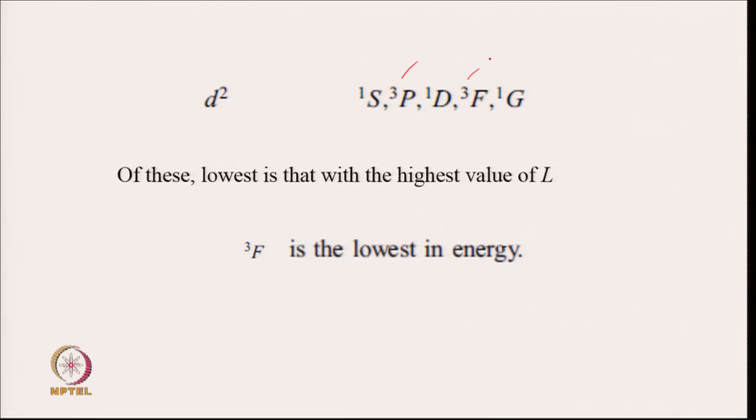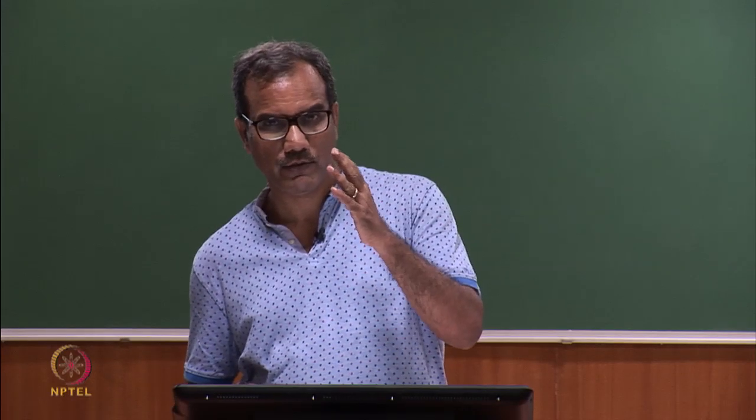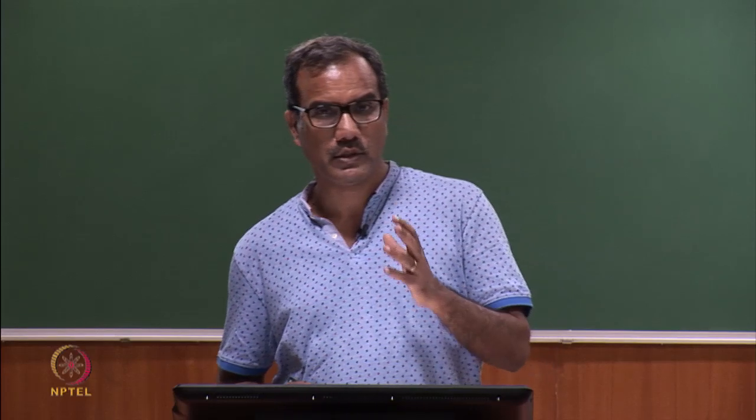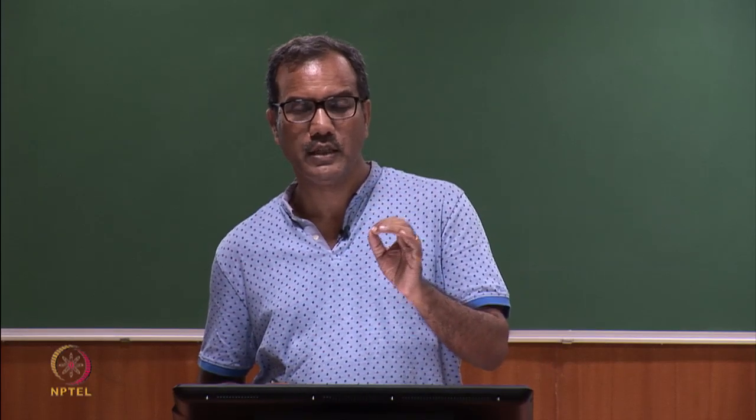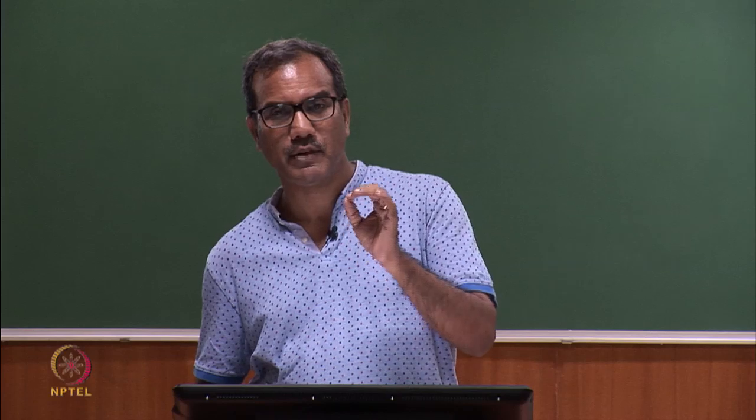In that case, the lowest is the one with the highest value of L. So, if you compare 3P and 3F, the term with the highest L is 3F, and so 3F is lowest in energy. So, the first criterion is to look at multiplicity, and the second criterion is to look at the value of L. In both cases, we are looking for the maximum value of multiplicity and the maximum value of L.